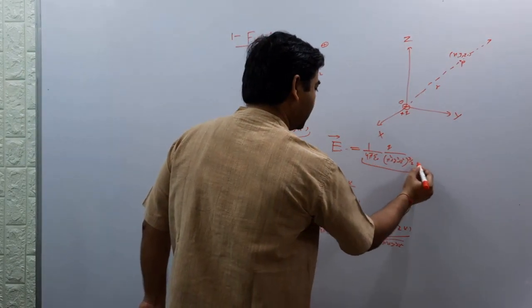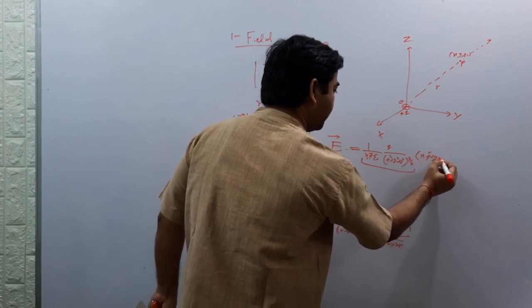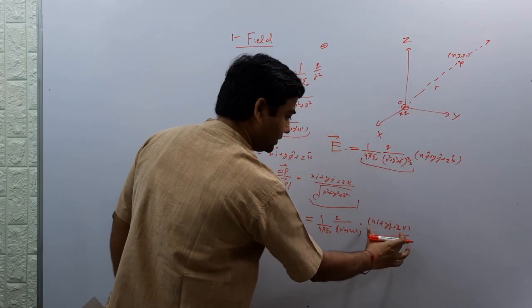The modulus part is in the direction xi plus yj plus zk.